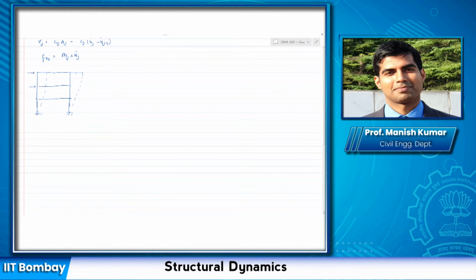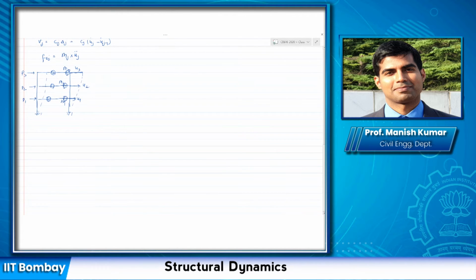At different levels, let us call the loads P1, P2, P3. The mass has moved from here to here. So this is M1, M2 and M3, and this quantity here is U1, this quantity here is U2, this quantity here is U3.